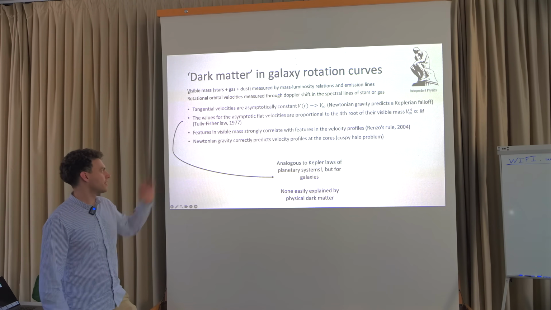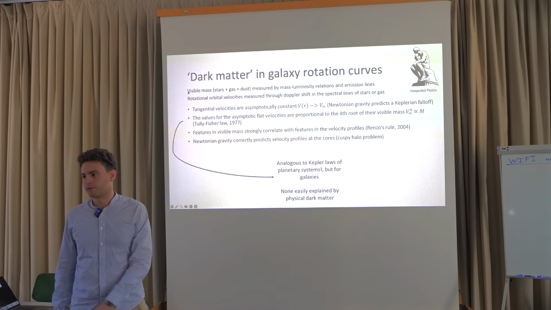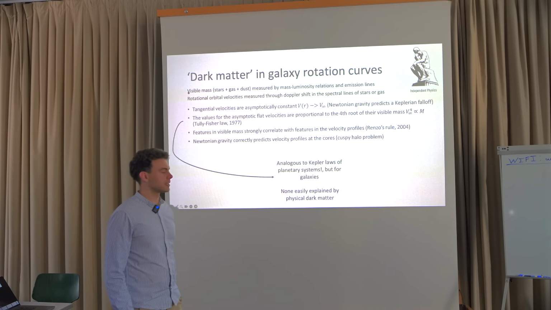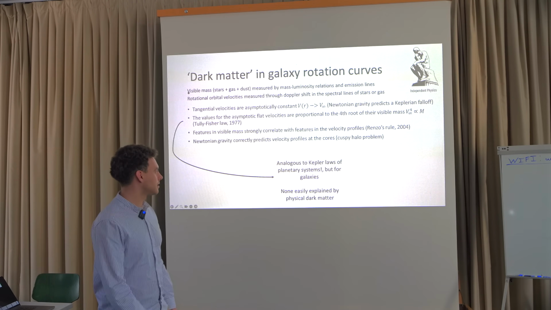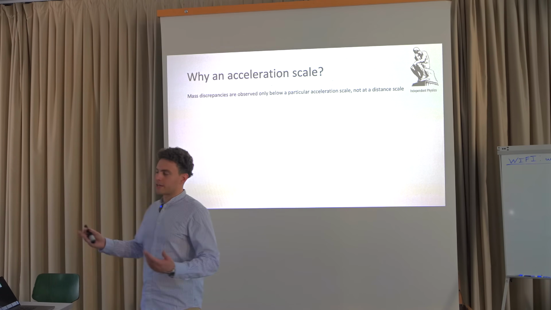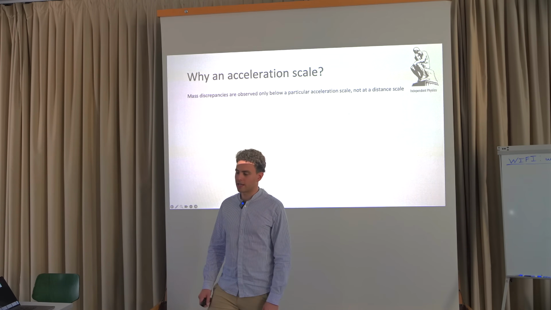I didn't come up with this name, but they call these kinds of things the new Kepler laws for galaxies and for galaxy dynamics. They are not easily explained by dark matter. And this is very important because you will think, okay, let's try to modify gravity or modify inertia to fit these dynamics of the galaxy.